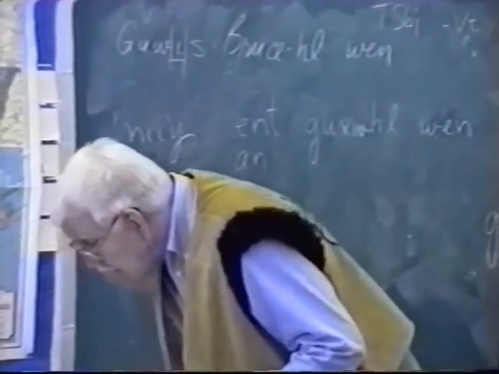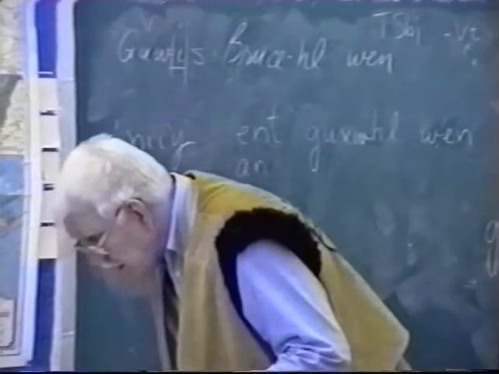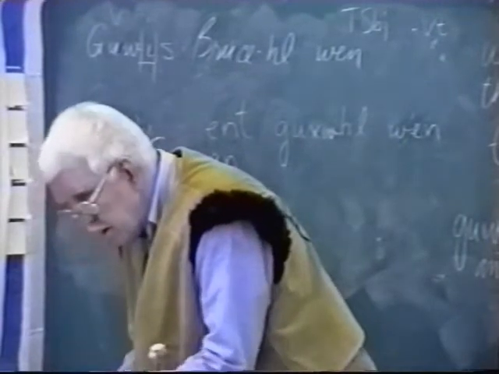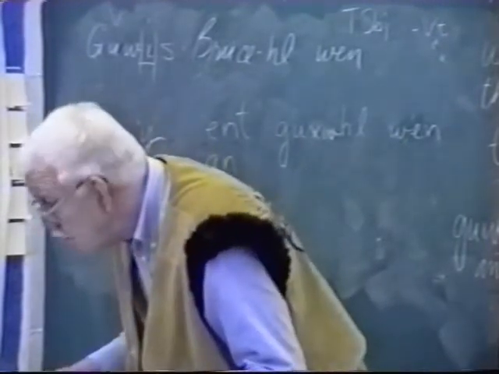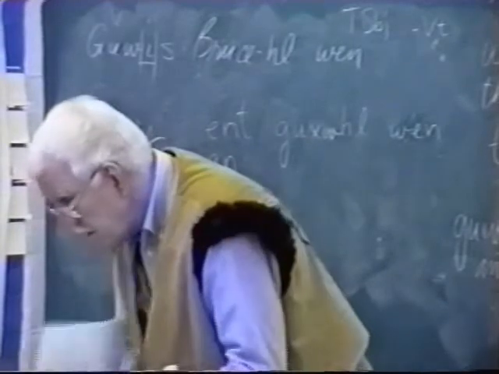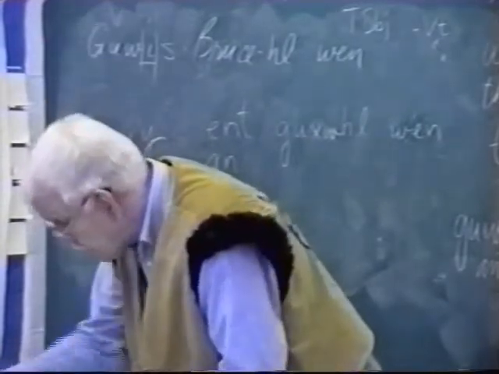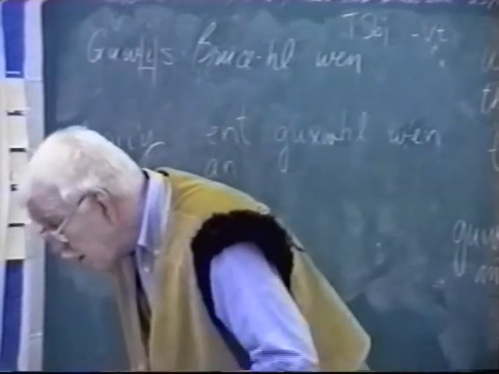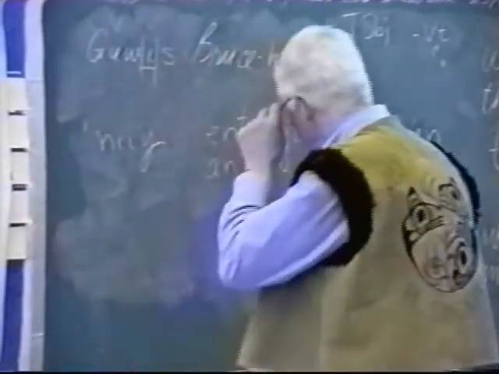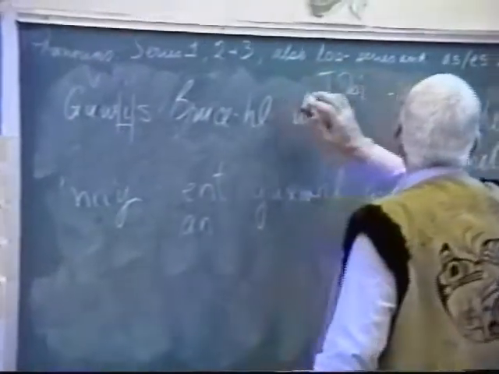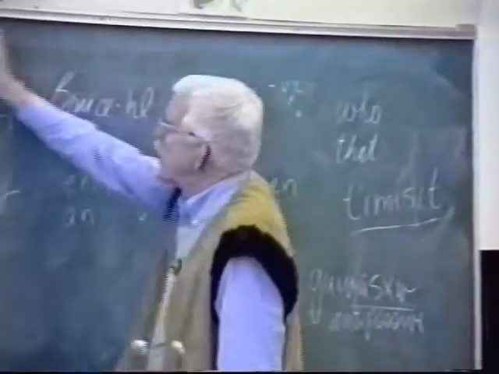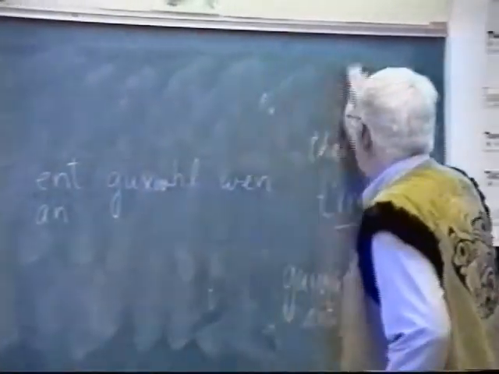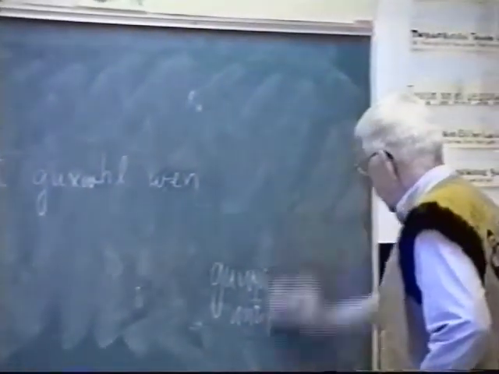Okay, now there are other kinds of sentences. There are other constituents that can be focused. It's not just the subjects and objects that can be focused, but within sentences you can have what I'll call indirect objects or datives.